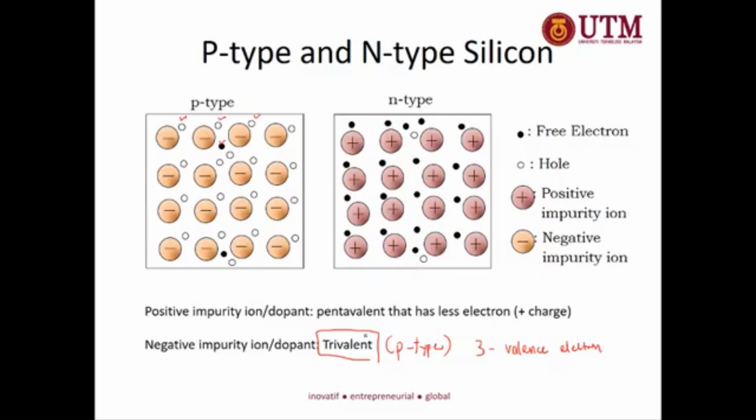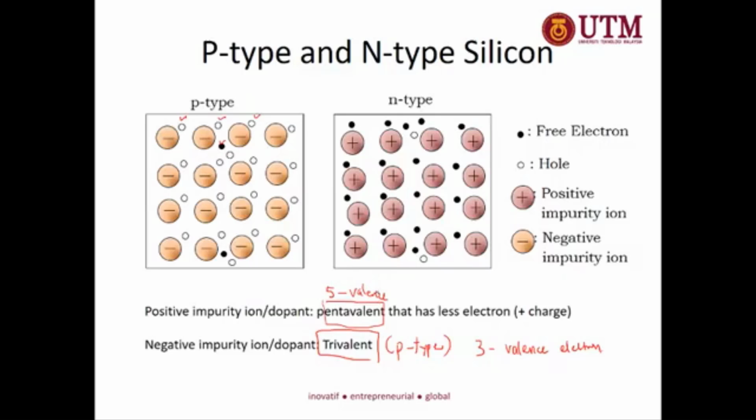Electrons come from the pentavalent atom. Pentavalent means that it has five valence electrons. We know silicon has four valence electrons. So when the pentavalent atom is added inside the silicon, it should have four, but pentavalent has five, so it has one extra valence electron.